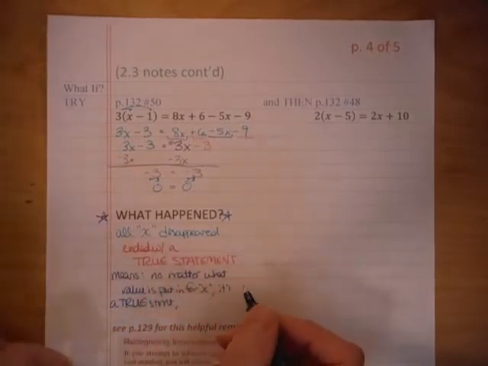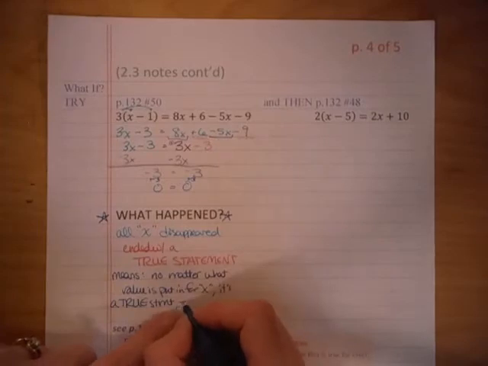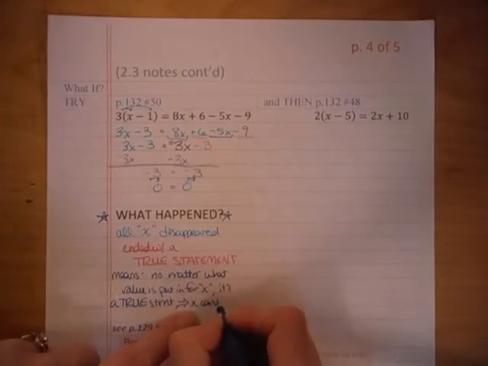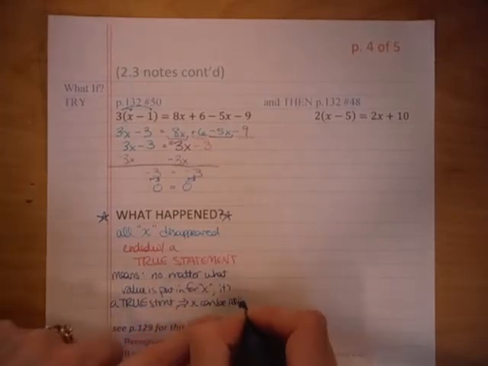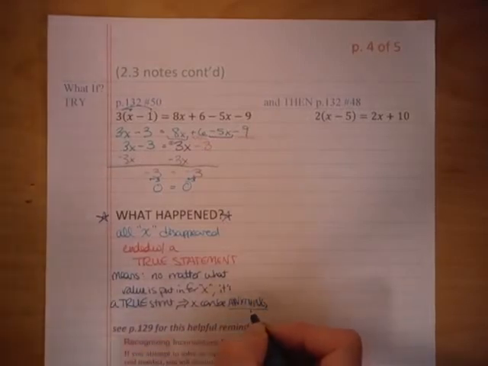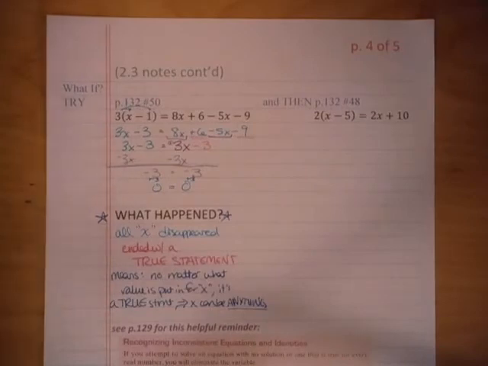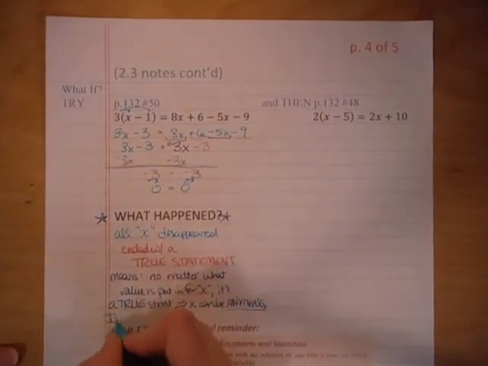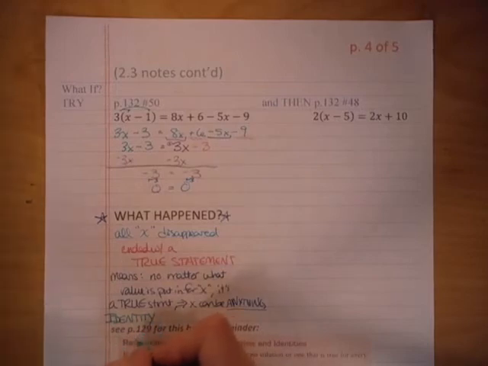Okay, so that means x can be anything. You can pick any number for x, and it will work in this equation. This is known as an identity, an equation that is true no matter what. It's true no matter what you put in for the variable.